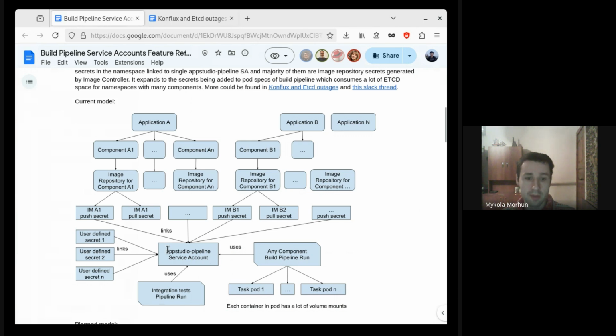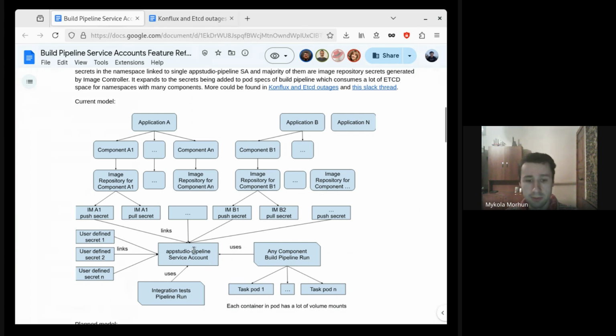Those are secrets from each component image repository where the build results are stored, plus user-defined secrets. But practice shows that users usually have only a few custom secrets, like, for example, a Snyk secret and stuff like that, but they are really few.